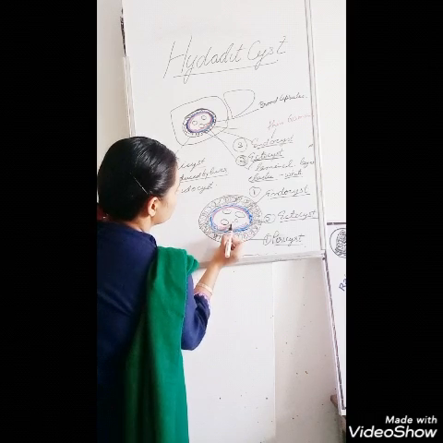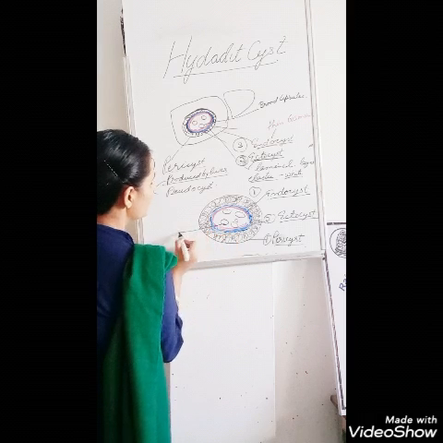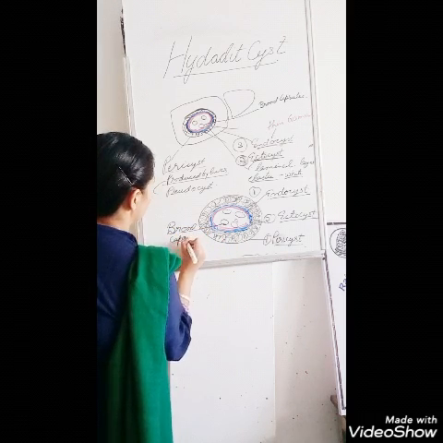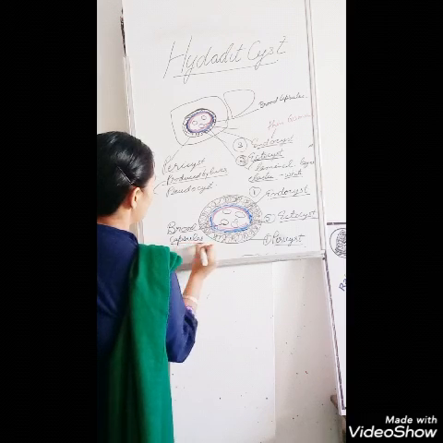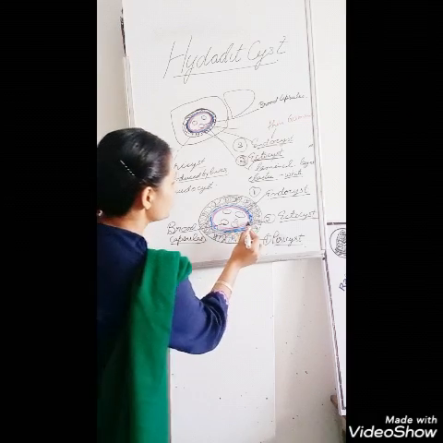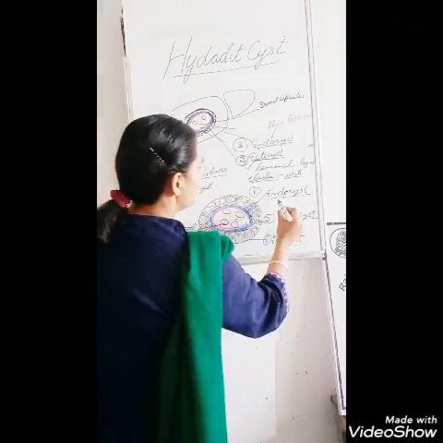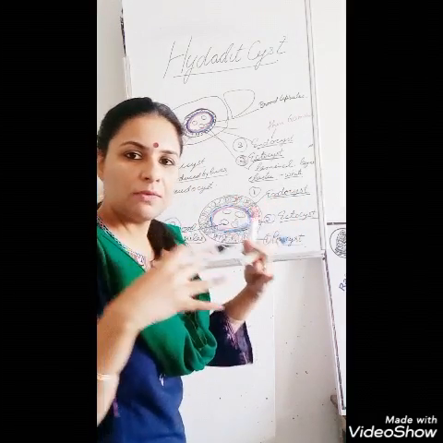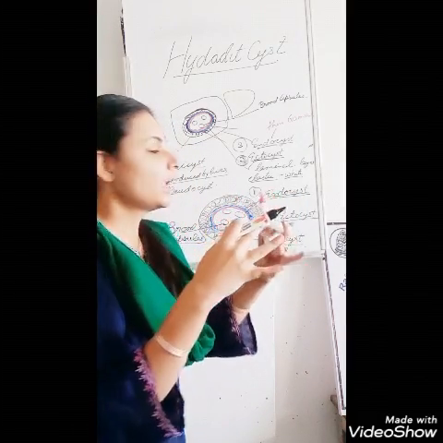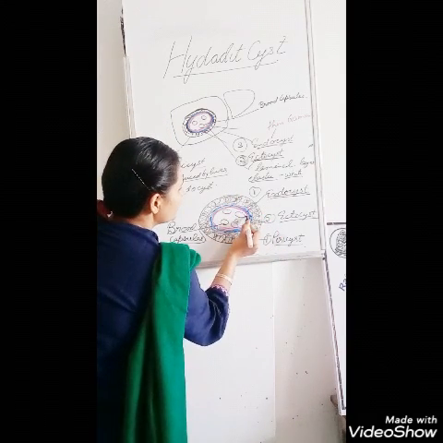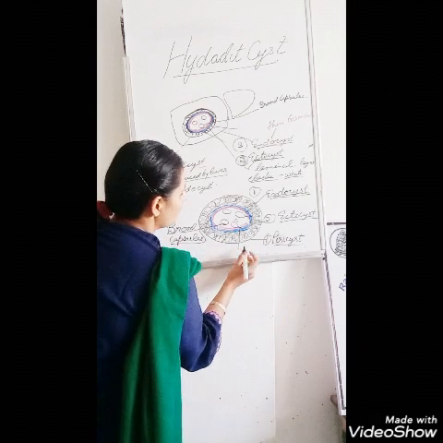So see, these are the brood capsules. These brood capsules are the cystic walls produced by the invagination of the germinal layer. This endocyst will move inside, will invaginate into the cyst and will form the brood capsules. These brood capsules are attached with this layer with the stalk. This is stalk.